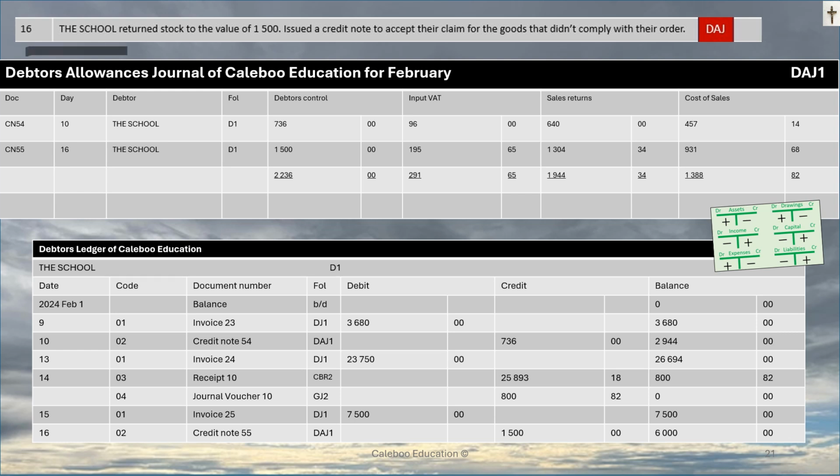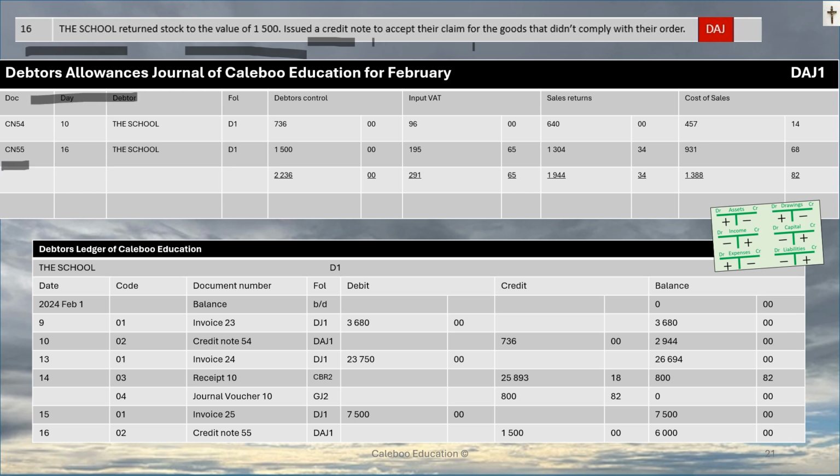On the 16th, the school returned stock to the value of 1,500. We agreed at Caleboo Education, and we issued them a credit note to accept their claim for goods that didn't comply with the order. If there's a return from a debtor, the transaction goes in the debtor's allowance journal.